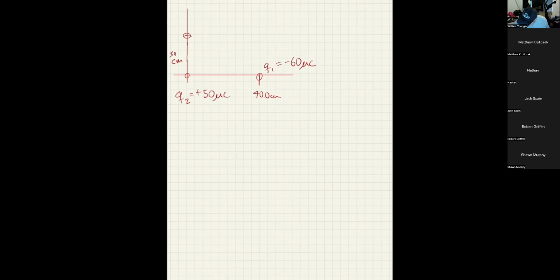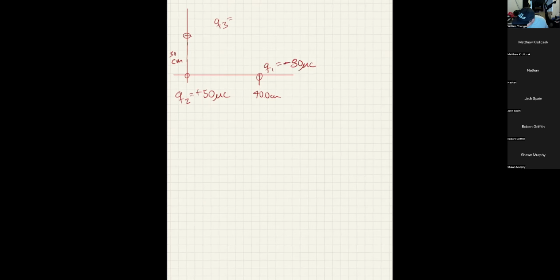And this charge over here is going to be Q3, and it's going to equal, actually, I'm going to change that Q1. Sorry about this, guys. Let me change this Q1. I'm going to change that to negative, yeah, let's do negative 80 microcoulombs.